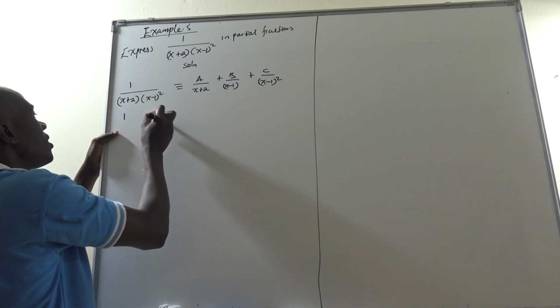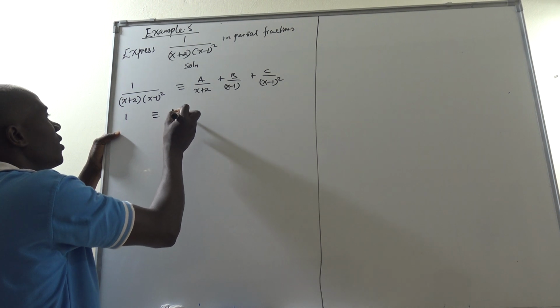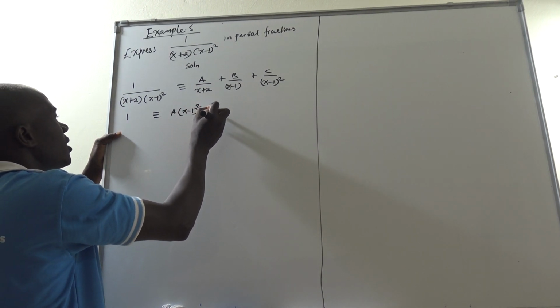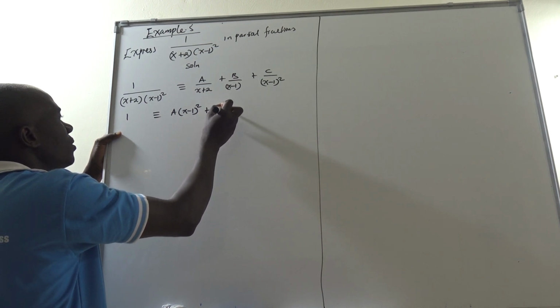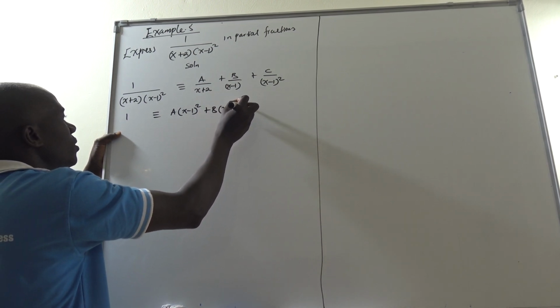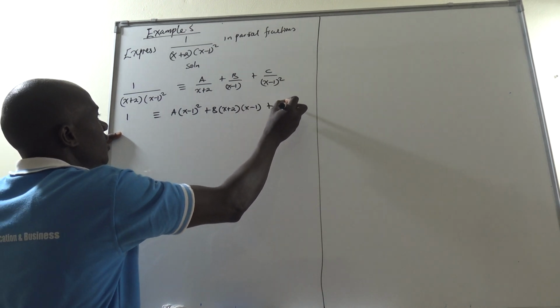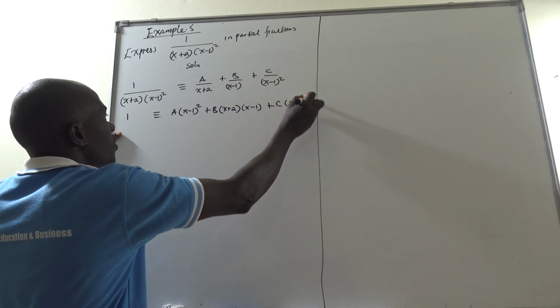This 1 is the same as A into (x - 1) squared plus B into (x + 2)(x - 1) plus C into (x + 2).